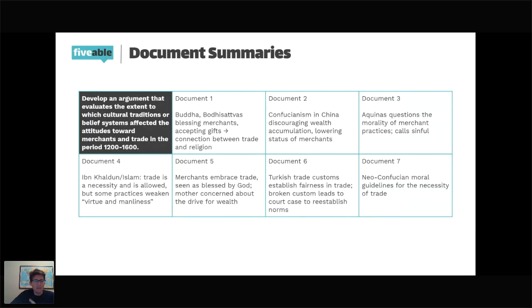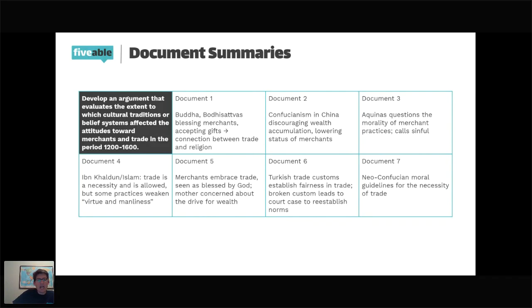But it is important to note, knowing the history of Islam and the importance of trade in the Islamic world, that it is still permissible, as long as you give people the goods they pay for. Maybe it's a soft warning here against it. So that might even be a middle ground between document 1 and then documents 2 and 3.